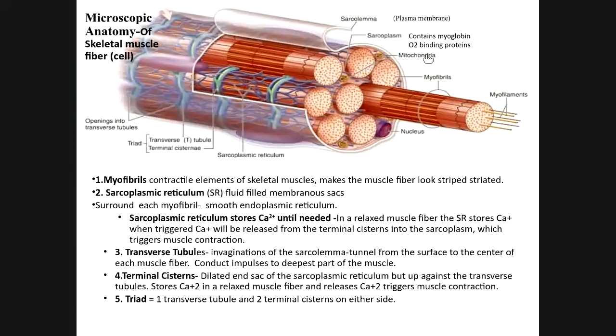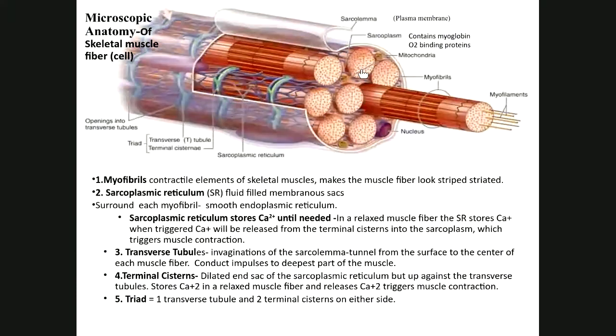You see in the cell here, there's mitochondria. The mitochondria in our skeletal muscles have the ability to reproduce themselves, especially if we have a greater need for more oxygen production or energy production.